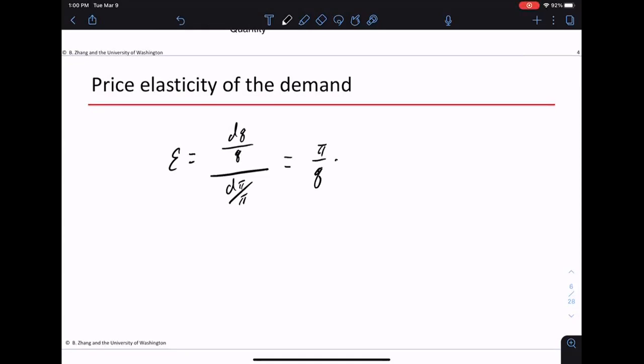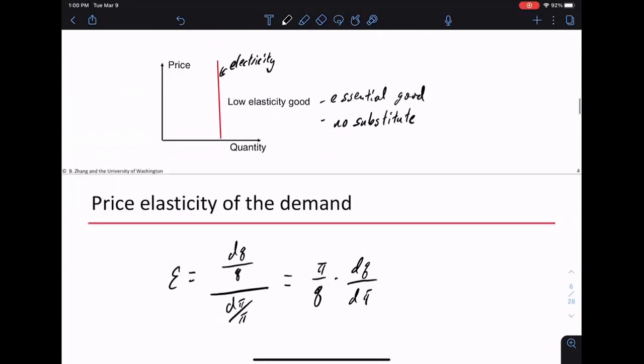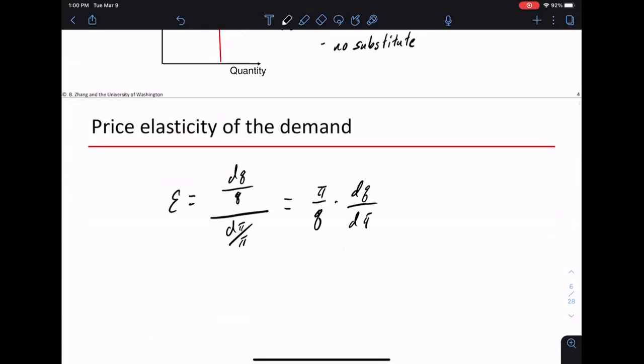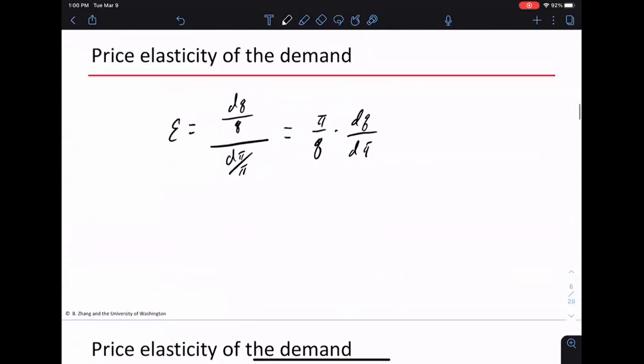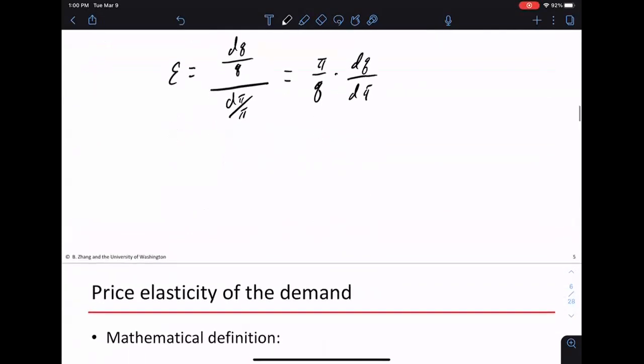This is a dimensionless quantity, a measure of elasticity if you don't have a straight line. If we have a generic curve, p equals d(q), or q equals d(p), then you can figure out this price elasticity. We are not going to worry too much about it, but there is a rigorous definition.